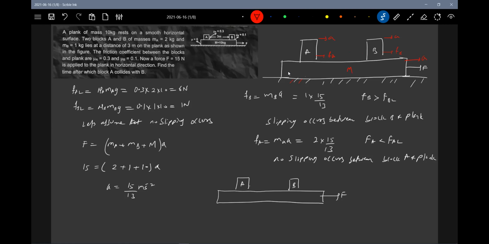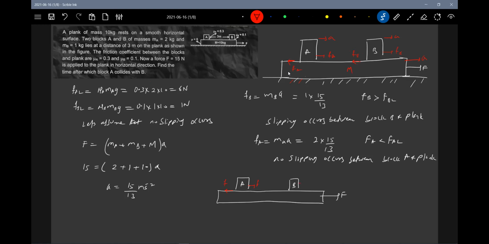Now you change the problem. Some other force will be called F on the plank. I forgot to show FA. So this will be FA, the friction force acting on the plank.